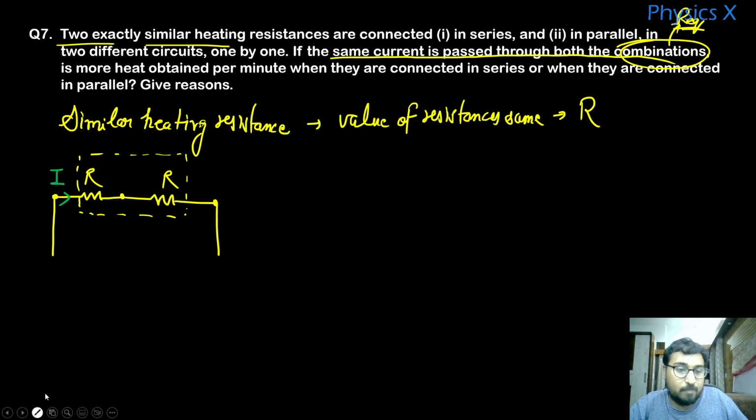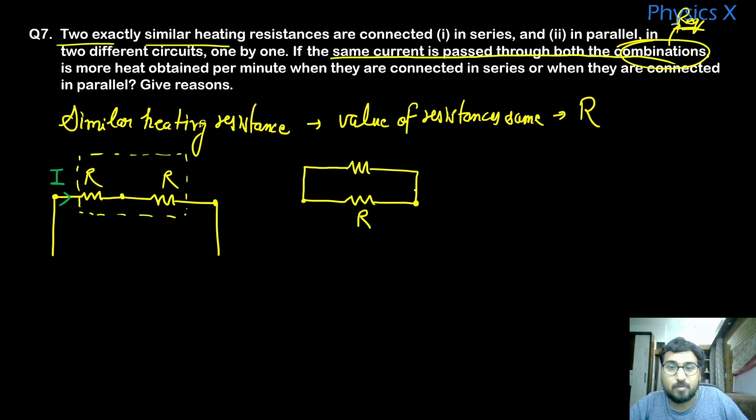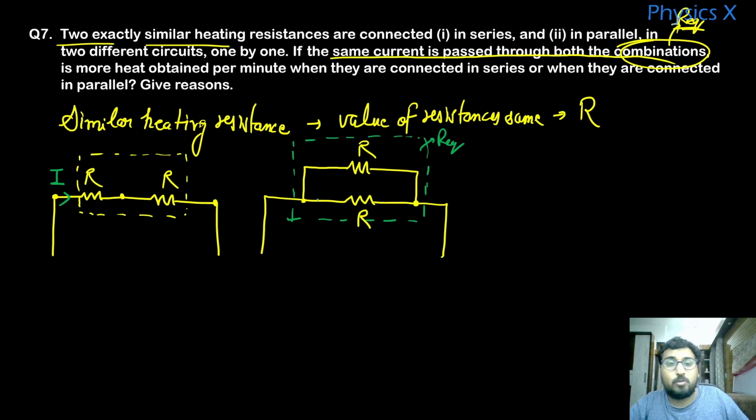And similarly, in parallel combination, these coils will be connected like this. And this is again your R equivalent. So again through this the same current must pass.